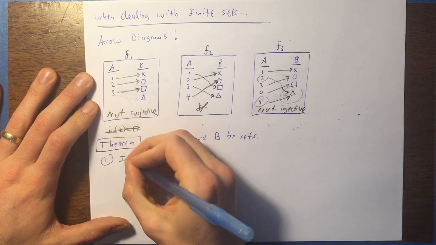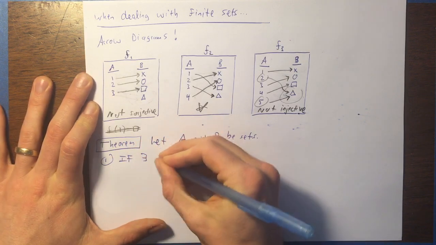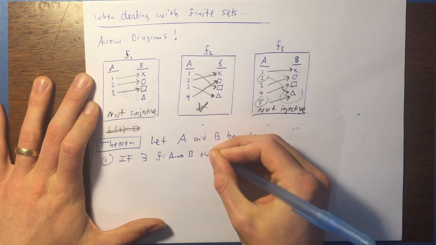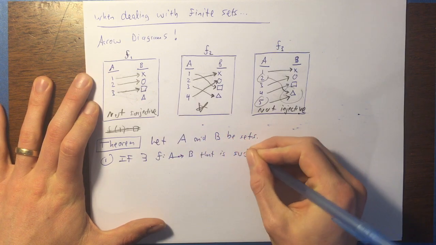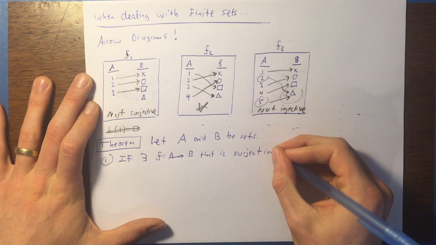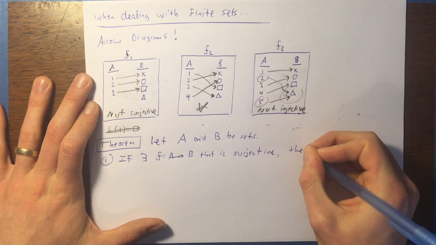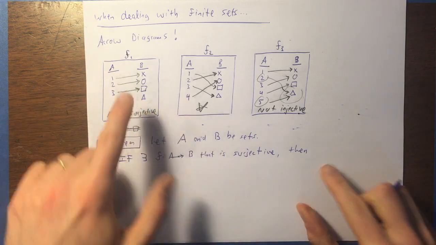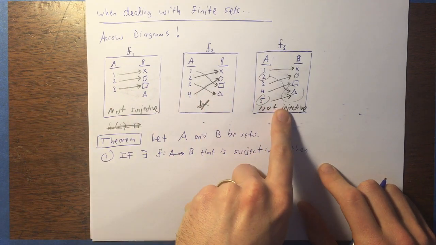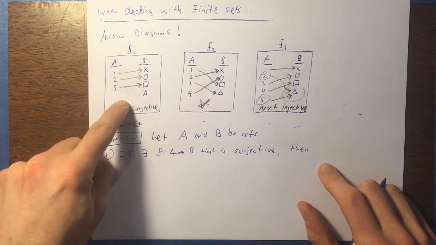One, if there exists a function f from A to B that is surjective, so it's onto, it maps onto the entire codomain, well then we can't be in this situation. We might be in this situation or this situation, but this is the one that is not surjective.